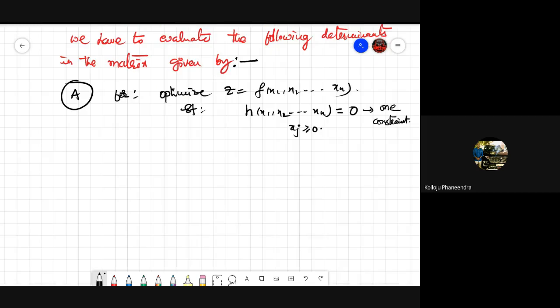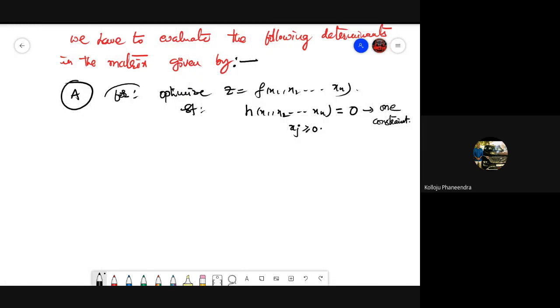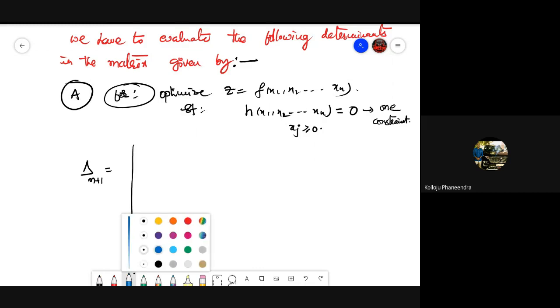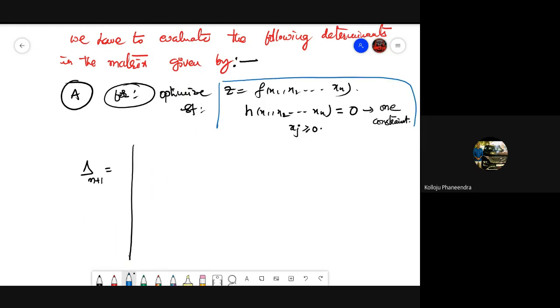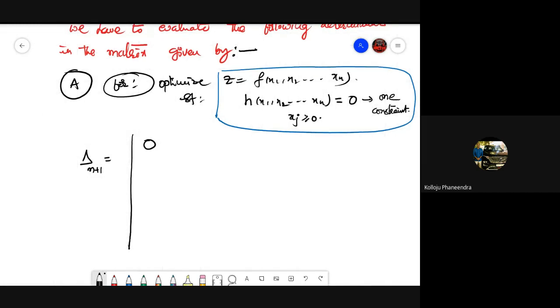N variables. Remember this, for this one, delta n plus 1 equal to, you remember this, all of you, this is the condition for one constraint with n variables. First you write 0. Then this first constraint, only one constraint is there now.